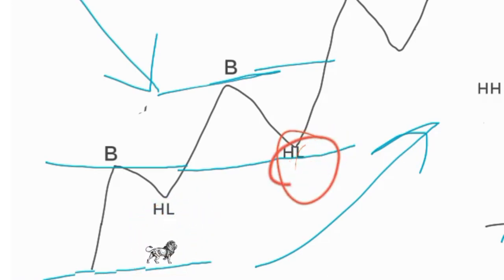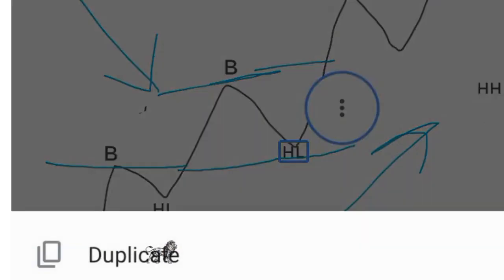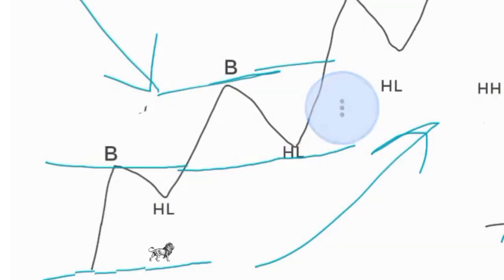But this particular low is higher than this previous low. The same thing with this low. So we have higher low, higher low, higher low, right?